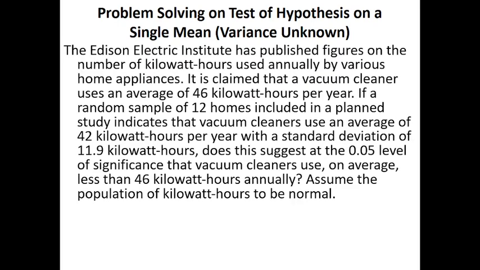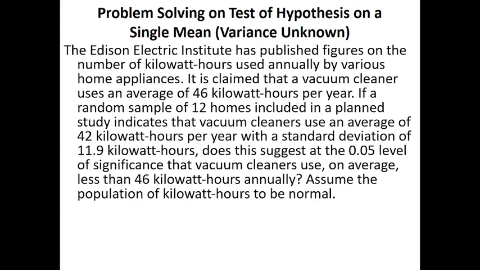So here's the problem. The Edison Electric Institute has published figures on the number of kilowatt hours used annually by various home appliances. It is claimed that a vacuum cleaner uses an average of 46 kilowatt hours per year.